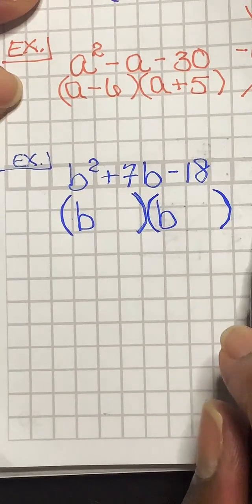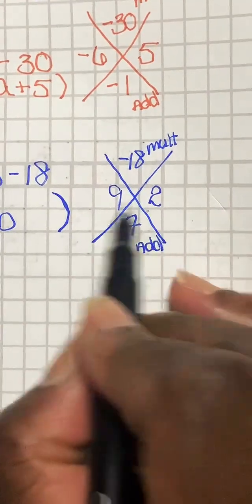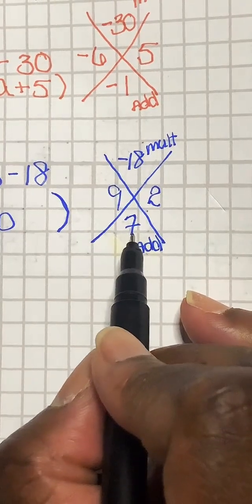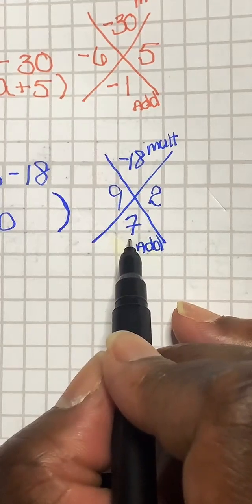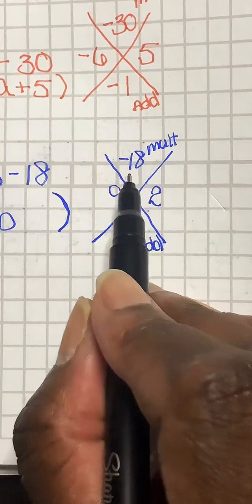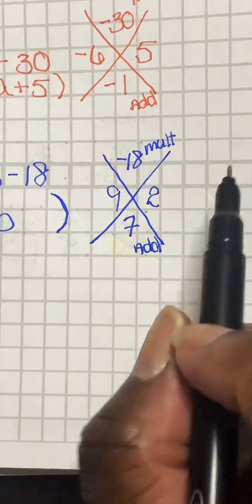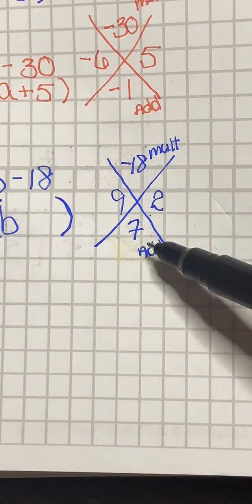So I need to know which one is going to be negative, that's going to add together to give me this positive 7. I know through multiplication one of my numbers has to be negative, but which one is going to give me, when I add them together, a positive 7?